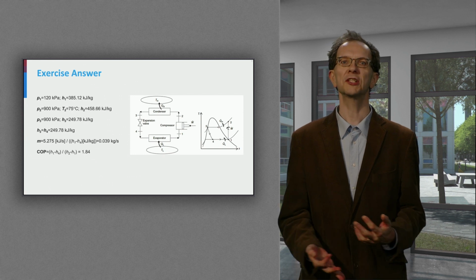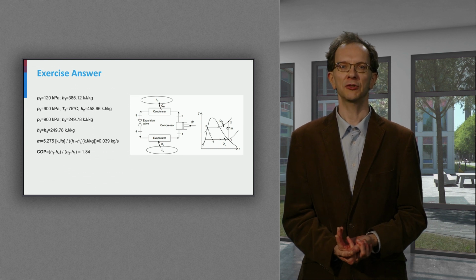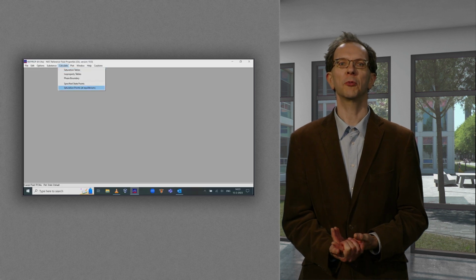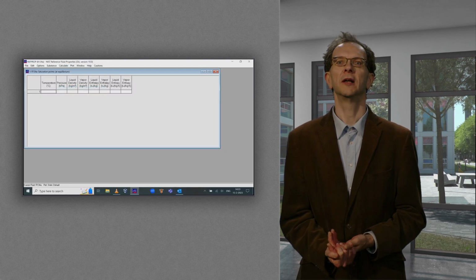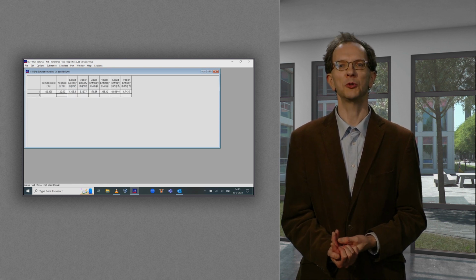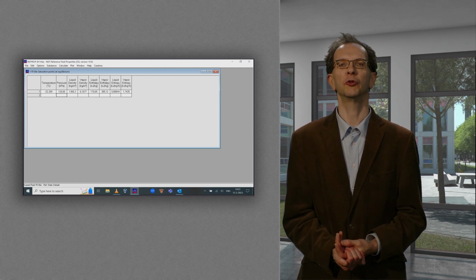To solve this, we start with the working fluid at the start of the compressor. It is a saturated vapor and the pressure is given as 120 kilopascal. So in the table for properties of the saturated points, we go to 120 kilopascal and we immediately obtain the enthalpy in point 1. This is 385.12 kilojoule per kilogram.